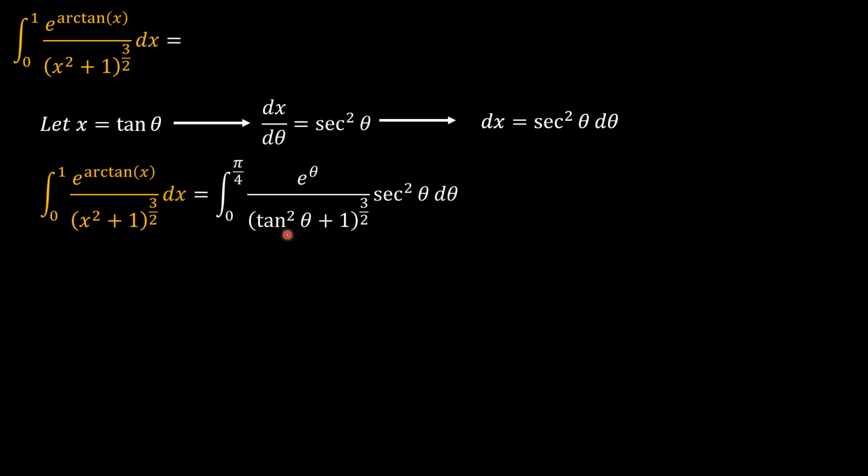Now, tan squared theta plus 1 is the same as sec squared theta. So we are going to replace the tan squared theta plus 1 with sec squared theta, right? Now, 3 over 2 is the same as square root to the power 3. So we're going to get the square root of sec squared theta and power it by 3, right?